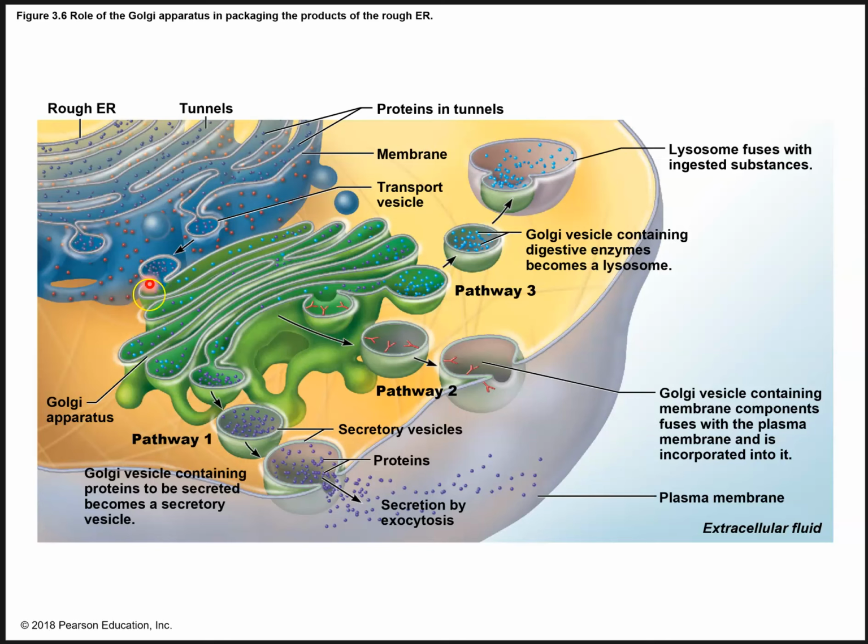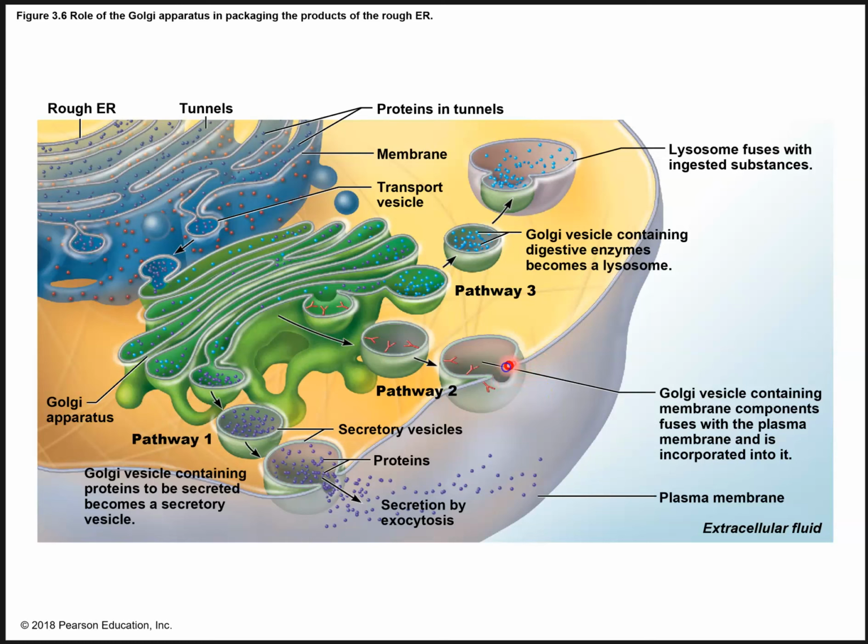So they are capable of receiving vesicles from the endoplasmic reticulum, and once they receive the vesicles, they modify them or put some zip codes in the form of amino acids or sugar molecules. And then again, they package them into membranous vesicles and ship them towards the plasma membrane to embed the cell membrane with protein molecules.